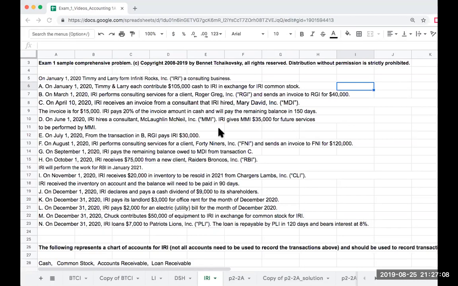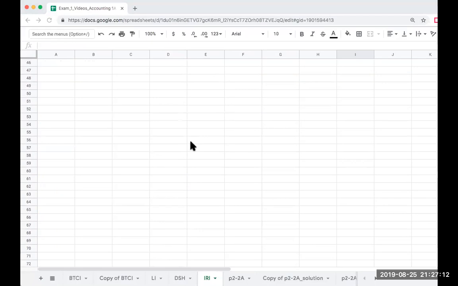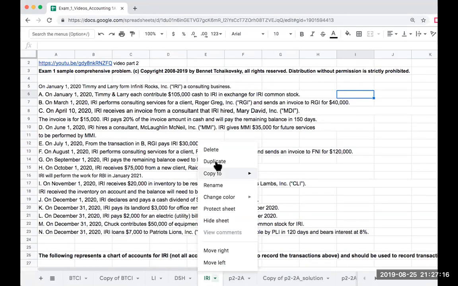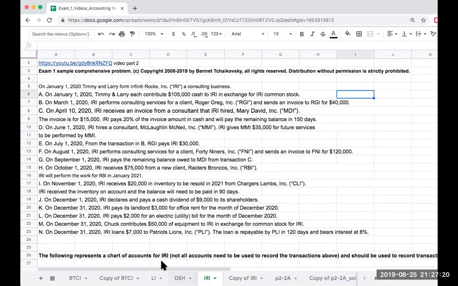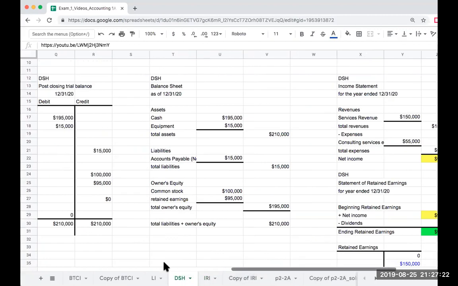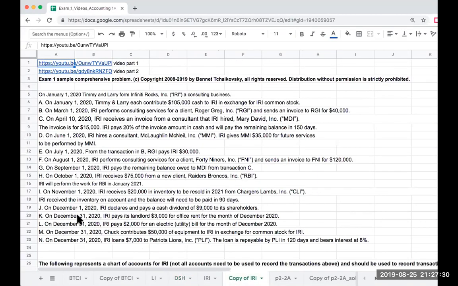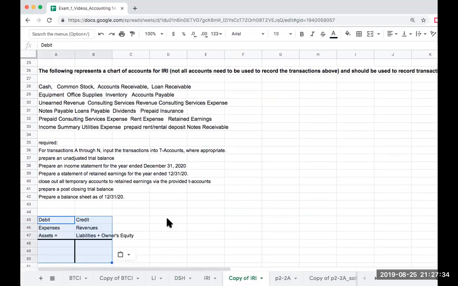All right. So this is going to be kind of fun. Let's go ahead and duplicate this. We'll take our friend right over here.